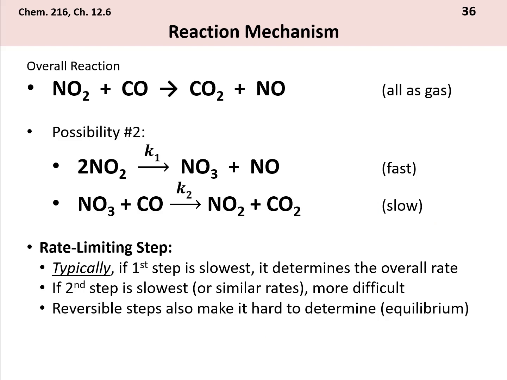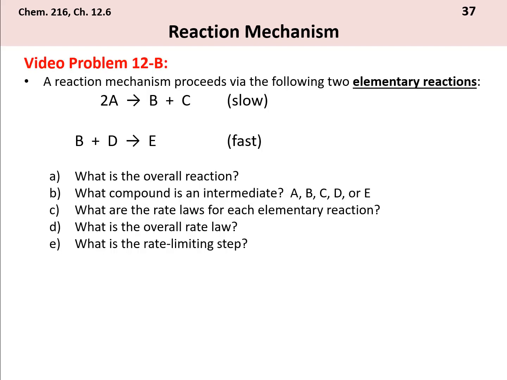Now, reversible steps can also make it hard, and we'll deal with that next time when we have equilibrium. So why don't you look at video problem 12b. This is where we look at a reaction mechanism that has two steps.